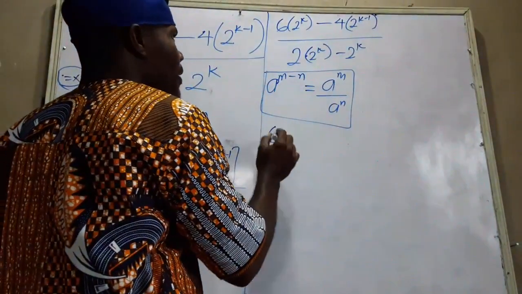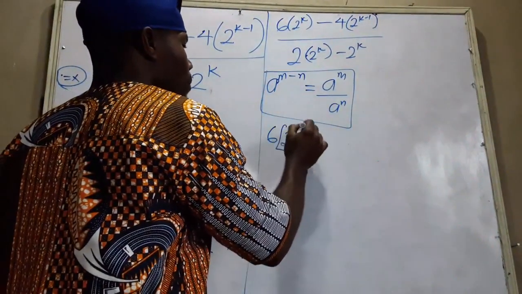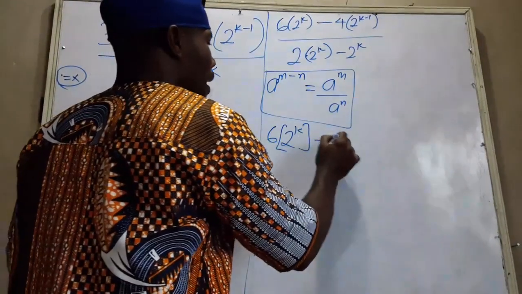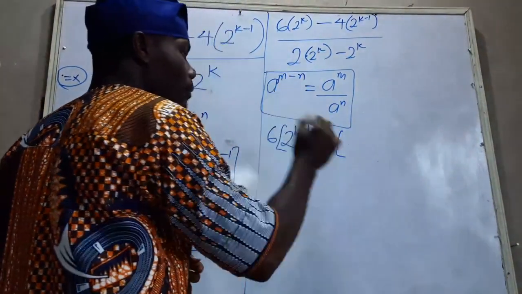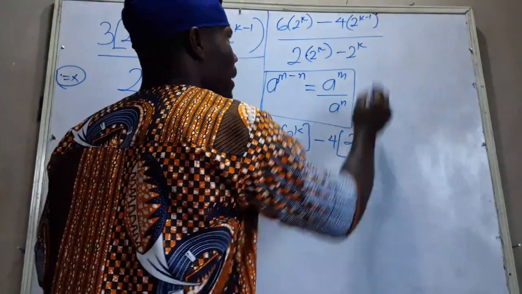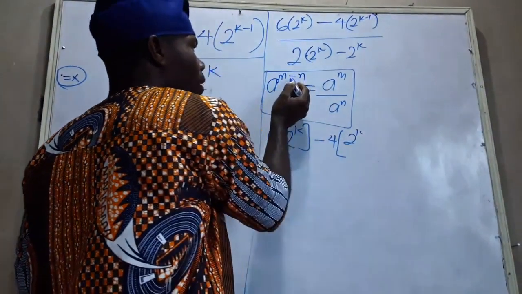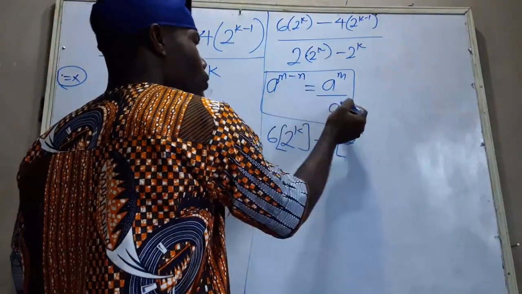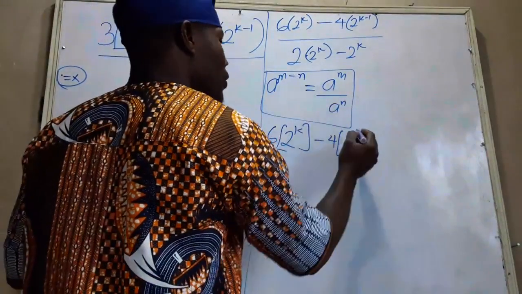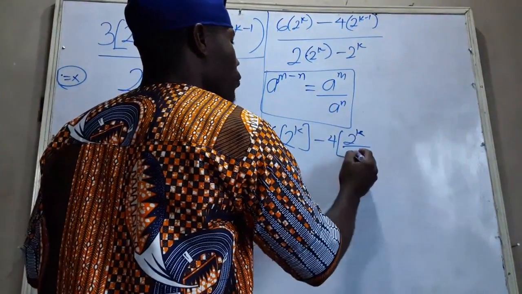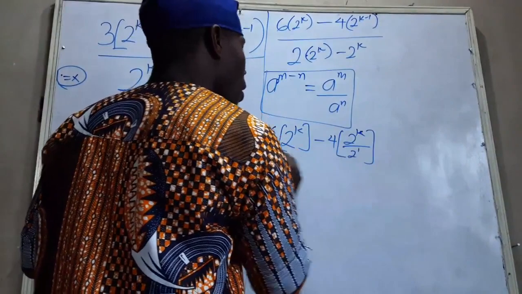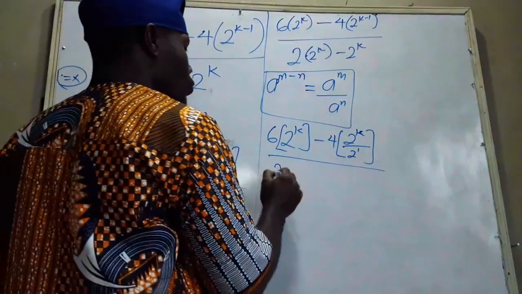So we have 6 times 2 raised to power k, minus 4 times 2 raised to power k. Because of the minus, you can see the minus will now come down to the division part. We have 2 raised to power 1, or 2.